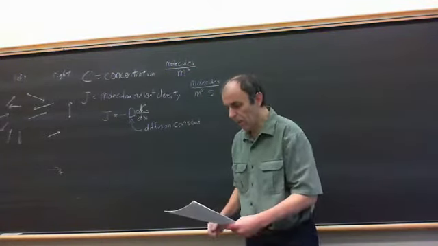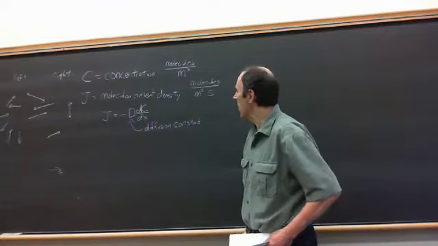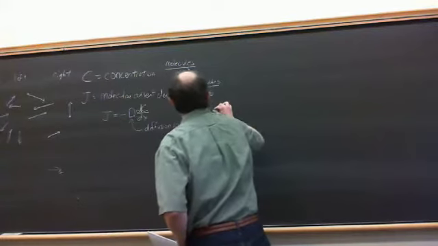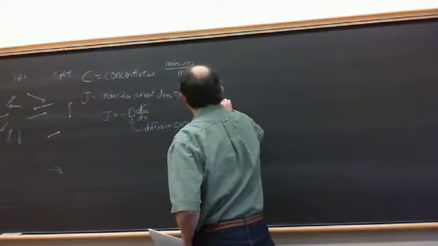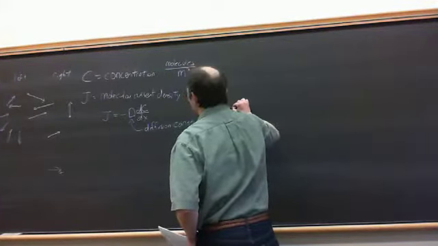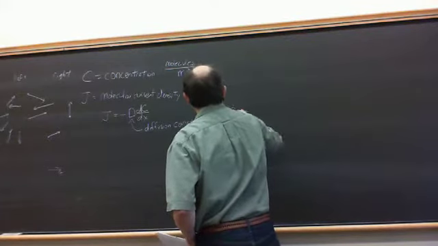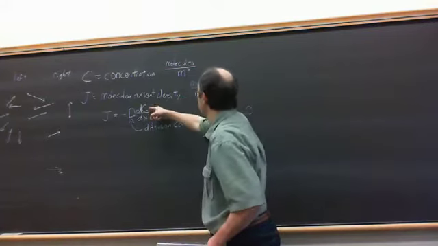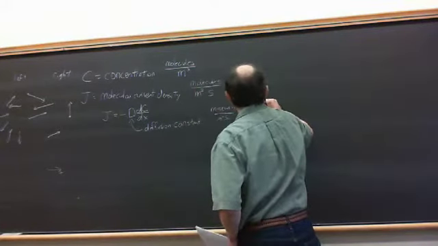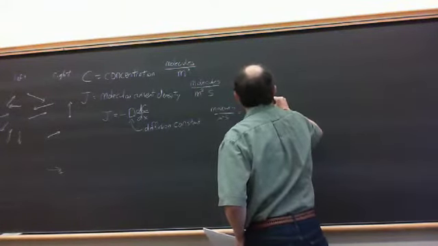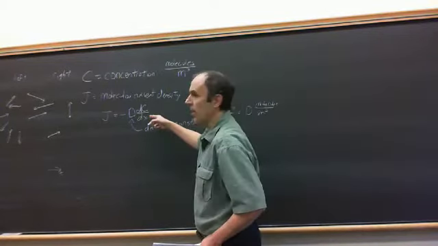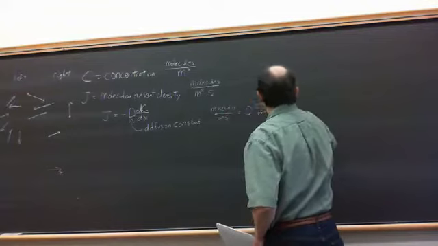Okay, now, what are the units of the diffusion constant? Well, on this side you have molecules per meter squared second. And that's going to equal D, times the concentration gradient, which is molecules per meter cubed, but there's a derivative, so you get 1 over meters from the derivative.